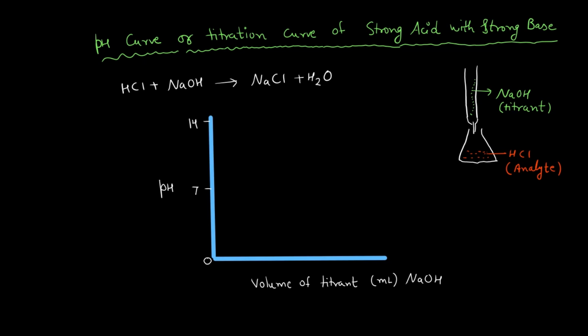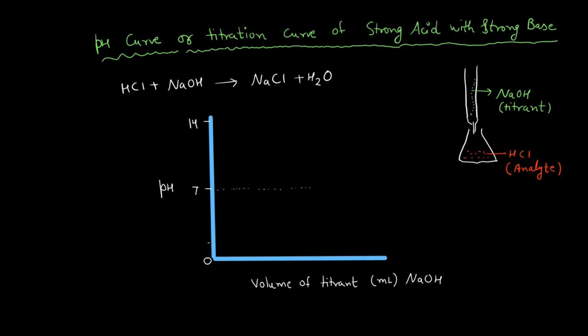So now we start to plot the pH of our analyte. HCl is a strong acid, so the pH will start somewhere from here. Let me draw the neutral line first, so that I have an idea about the shape of my graph.